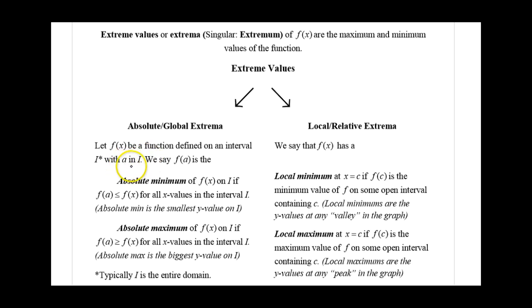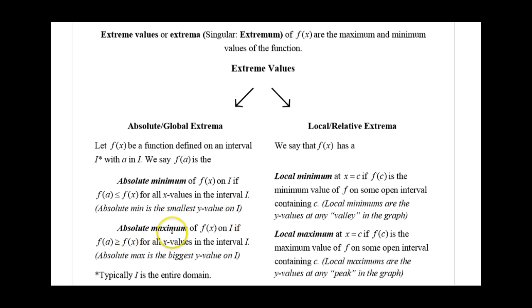Then if a is in that interval, f of a, the y value, is considered a minimum if f of a is less than or equal to all the other function values. So the easier way to think about this is the absolute minimum is the smallest y value on the original interval I we were taking a look at.